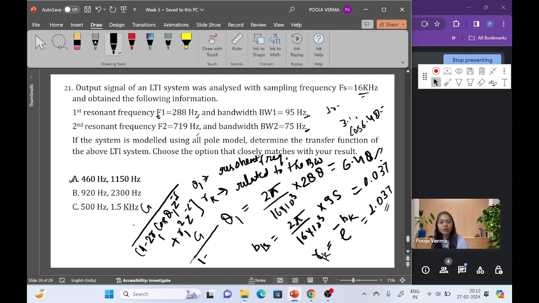So find out theta 2, B2 and Rk, then put them in this all-pole system formula and find out the pole values. You know how to find that equation and the poles in the transfer function. Then hopefully you will get this answer.